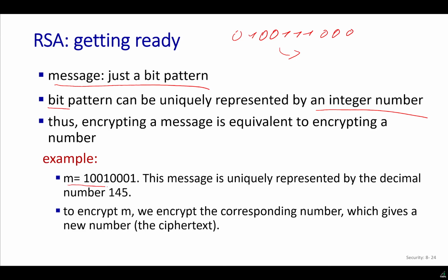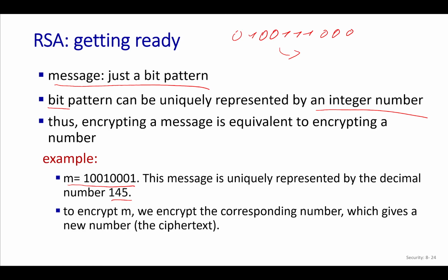So if this is m, then this is a number. And in RSA, they are calculating with numbers. So that's what the message is. You don't have to look whether it's characters or strings or whatever. Eventually, it's a set of bits, and the set of bits are numbers.